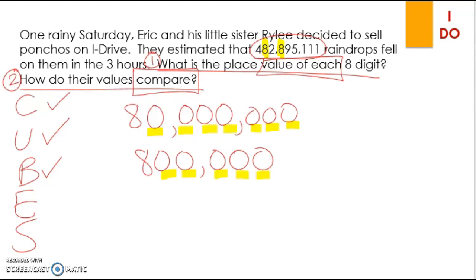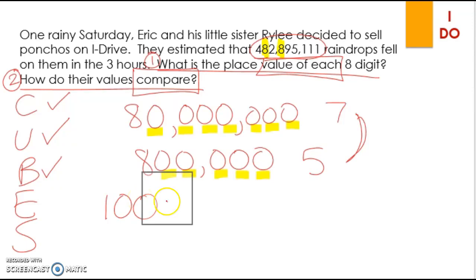The first number has 7 zeros, and the second number has 5. What's the difference between the number of zeros? 2. So I know that the difference is 100.